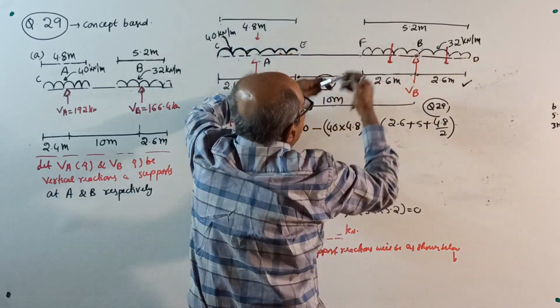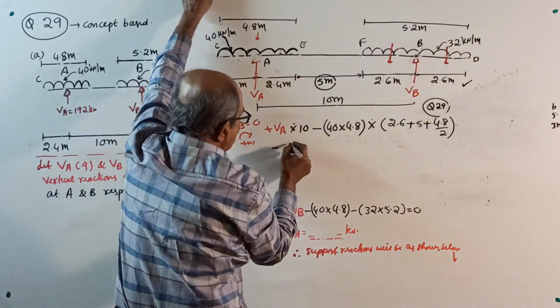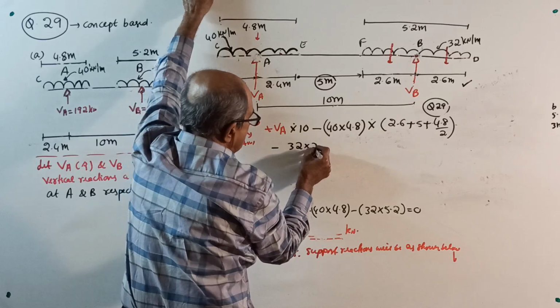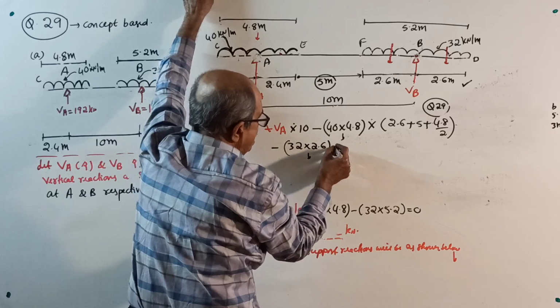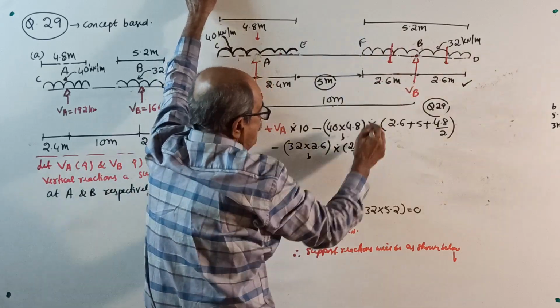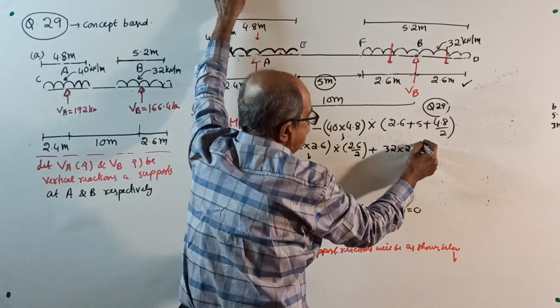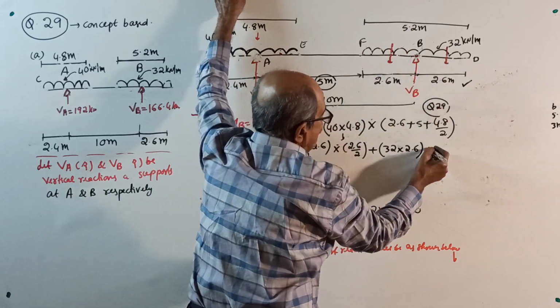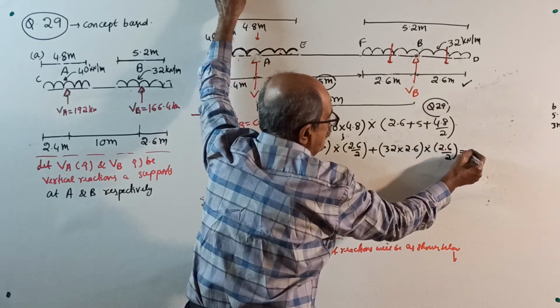So then minus 32 into 2.6 is the total load. See, total load into 2.6 by 2, that is anti-clockwise, plus 32 into 2.6 is the clockwise moment that side, that also into 2.6 by 2 equal to 0.